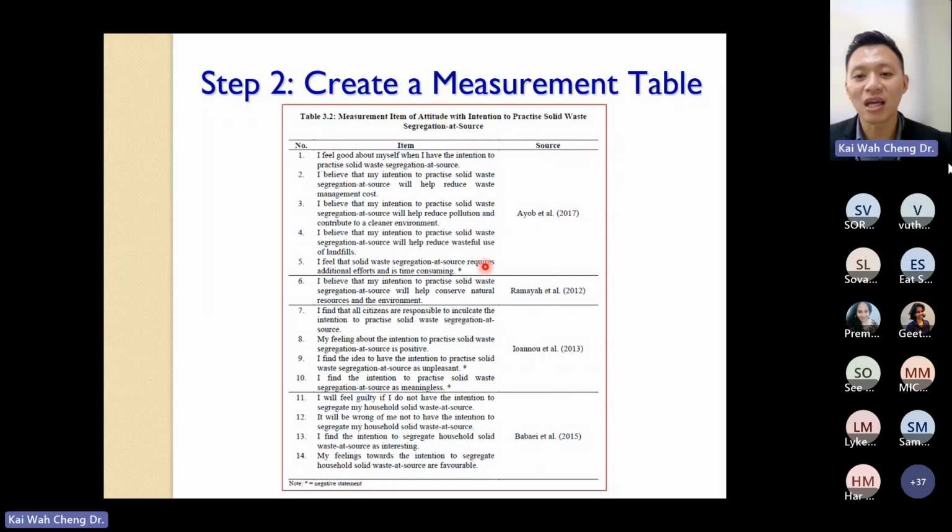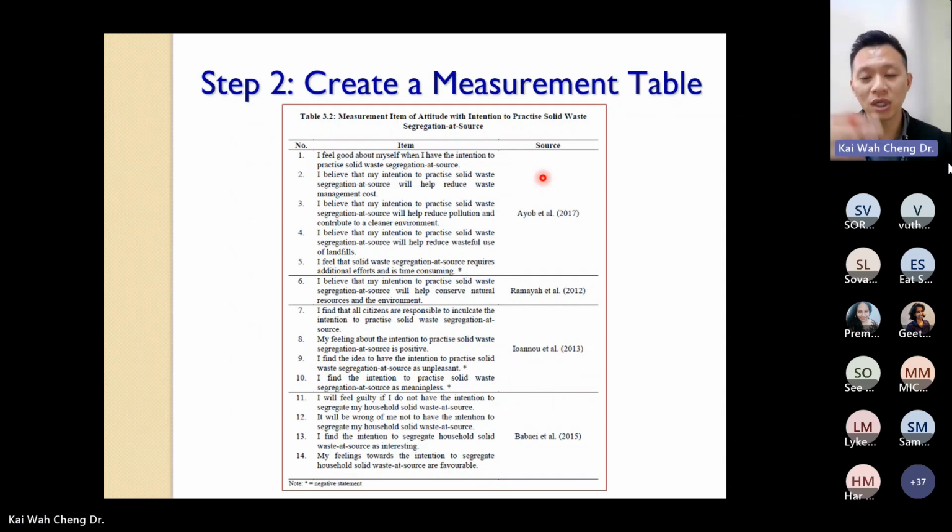And if there are any negative items in your questionnaire, you should indicate them with an asterisk sign and put it as a key note there. So the examiner will easily understand how you construct your research questionnaire. So we call this table a measurement table. I think this is a must for all the researchers who conduct quantitative research.